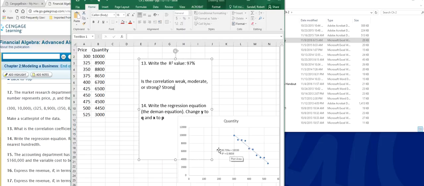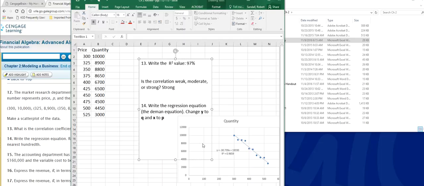This becomes your demand equation down here, right? The only thing we need to do is just change the variables to make it work with the actual application of our problem. Get rid of that. So you're just going to simply type the equation.